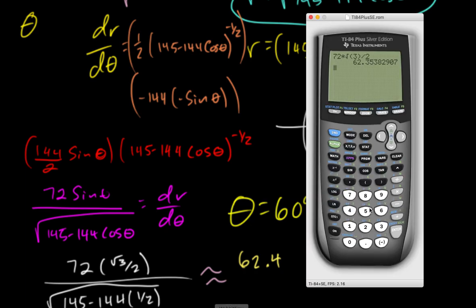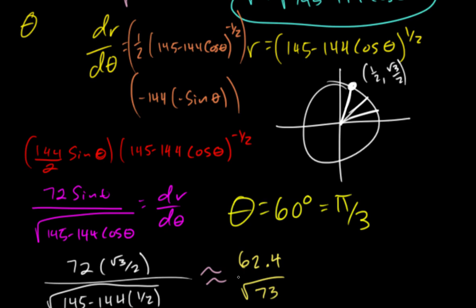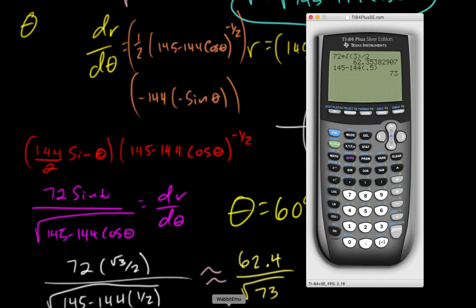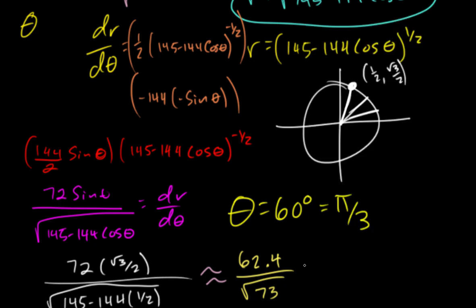Then the bottom, we're going to get 145 minus 144 times 0.5, so square root of 73. Then if we do 62.4 divided by square root 73, we get 7.30, is that what it was? Yeah. So 7.30 centimeters per radian.